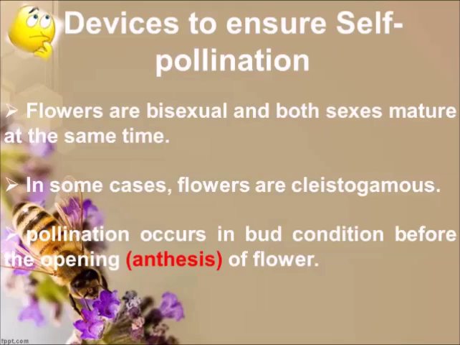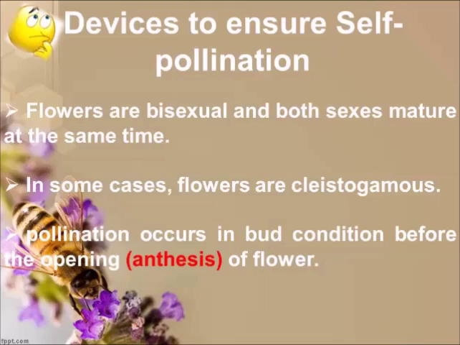For self-pollination to occur, flowers are bisexual. That is, both male and female reproductive parts are present together in a flower. Also, both the sexes mature at the same time. That is, maturation of both anther and the stigma is synchronized.